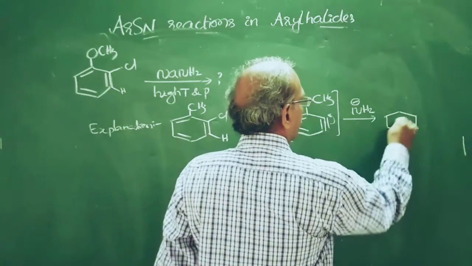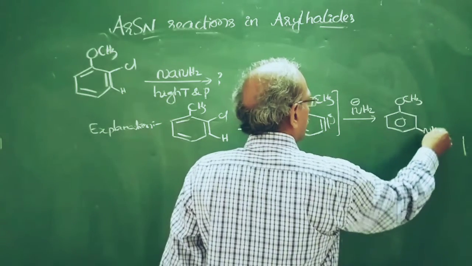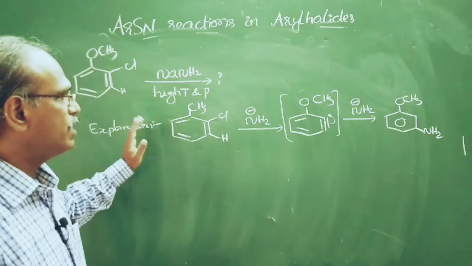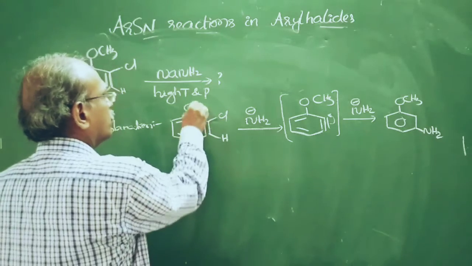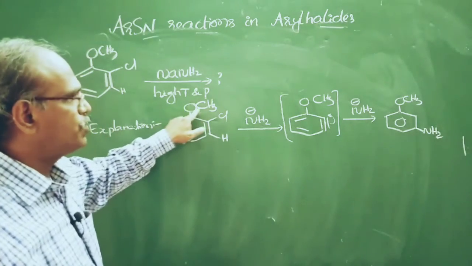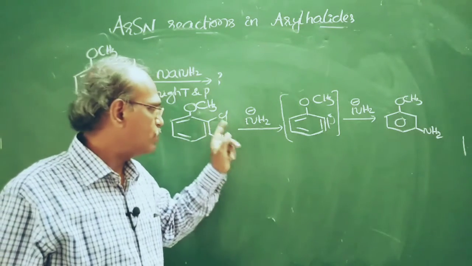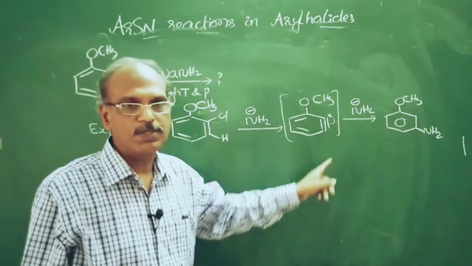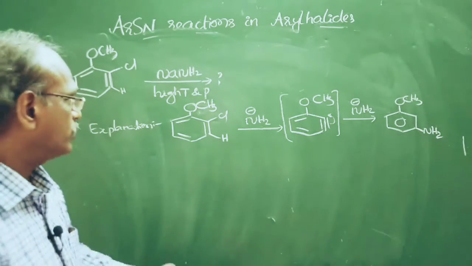So the product is OCH3, here NH2. The point to be seen here is that we have to consider the inductive effect of the substituent only, not the resonance effect, in case of benzyne.